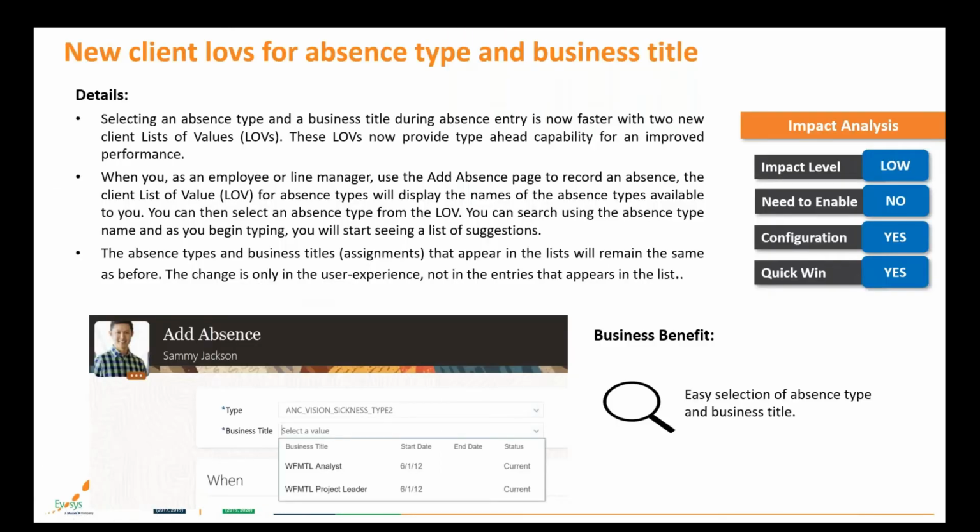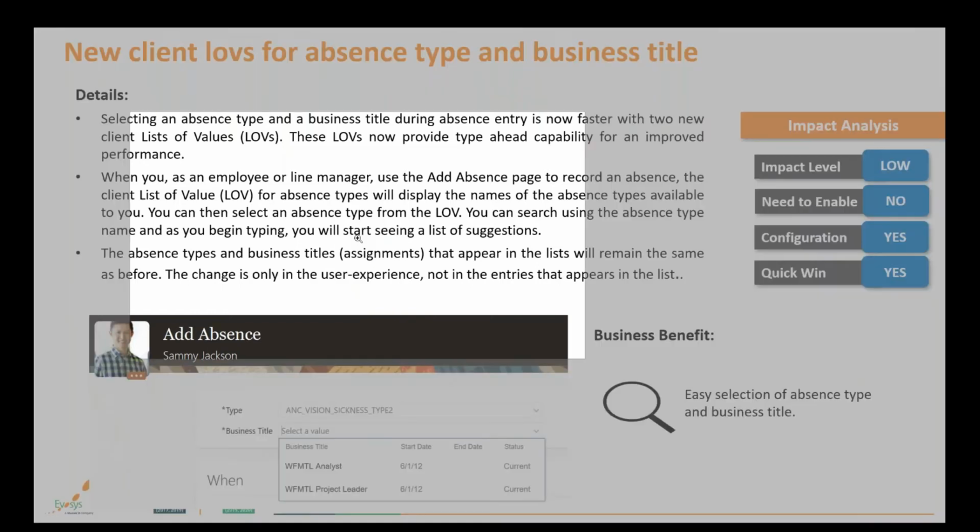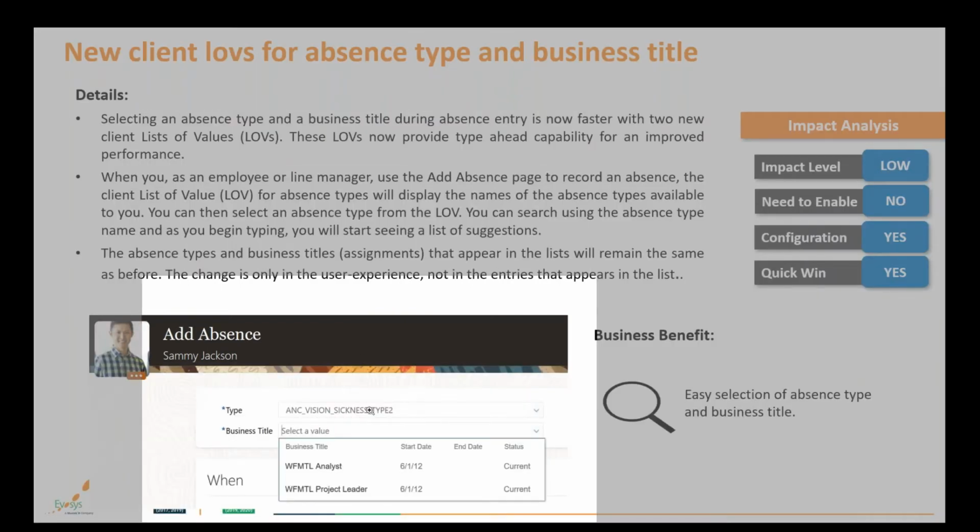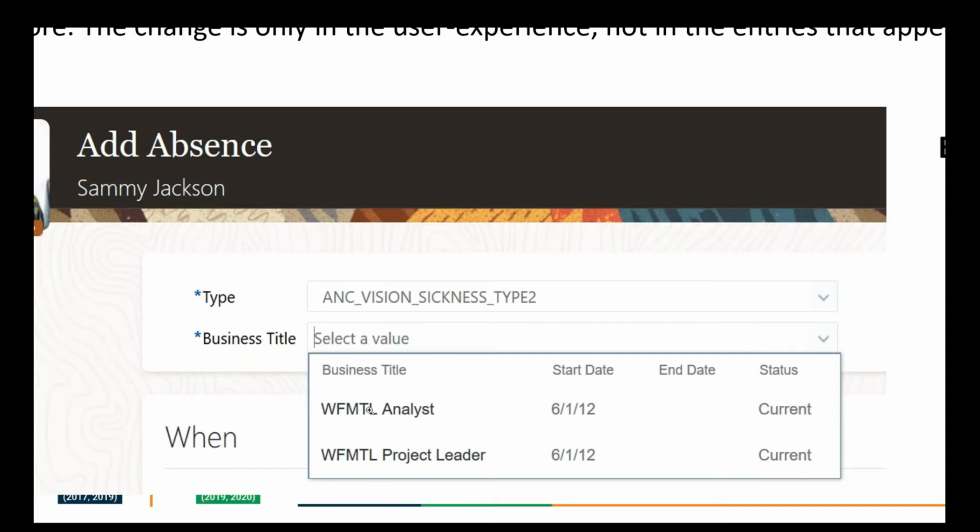The first one is an enhanced user search experience provided to employees or line managers while adding absences. Now, as you can see here, we have absence type as well as the business title field that is to be selected while recording an absence.